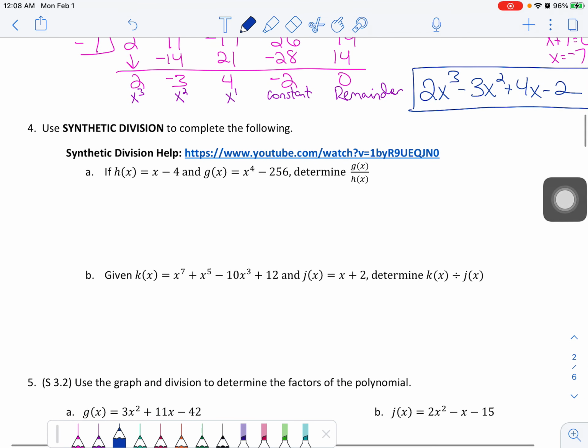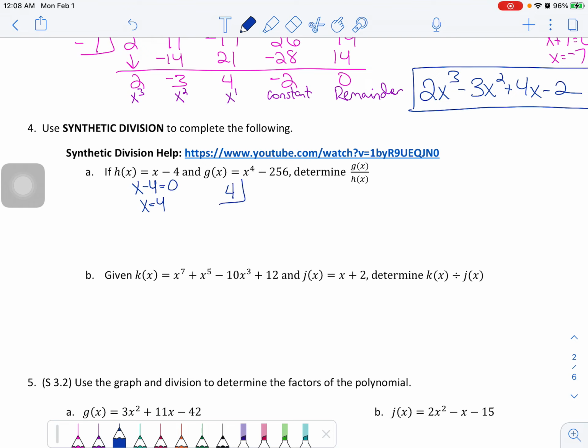All right, we're going to do a little bit more division in question number 4. So let's see, we've got h of x, we've got g of x, and we are supposed to determine g of x divided by h of x. All right, so synthetic division, I'm going to start with x minus 4, that's what I'm dividing by, and I want to find its 0, so x equals 4.